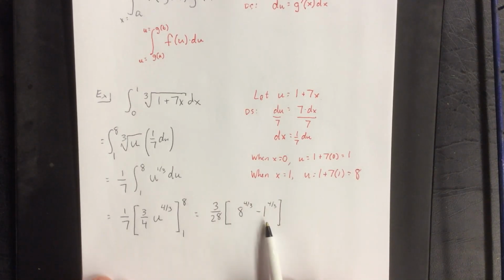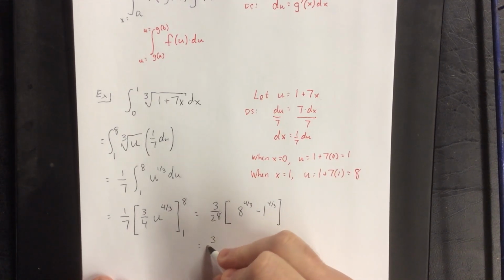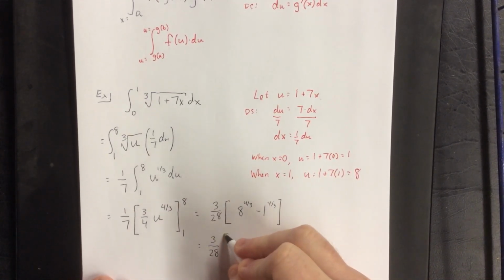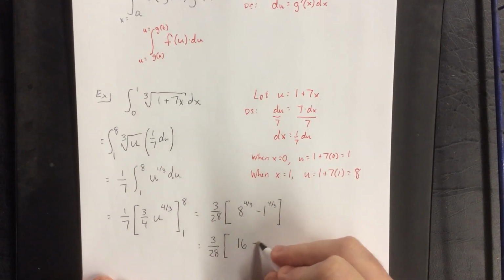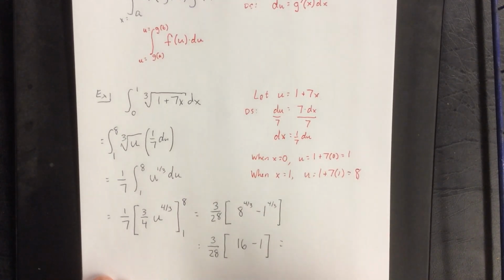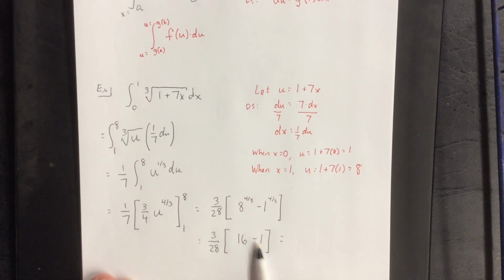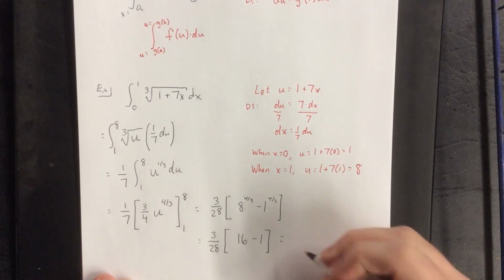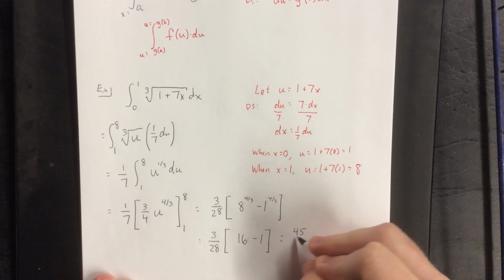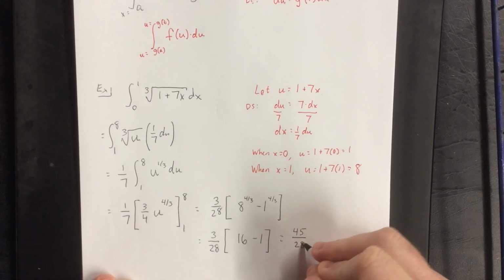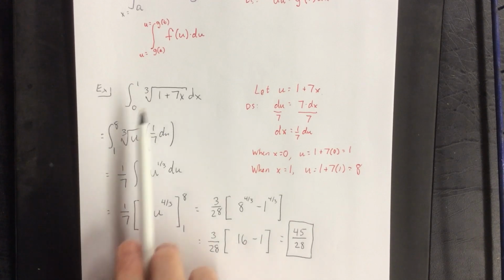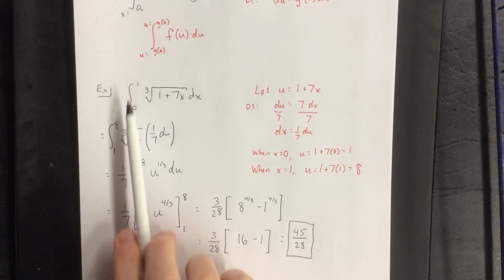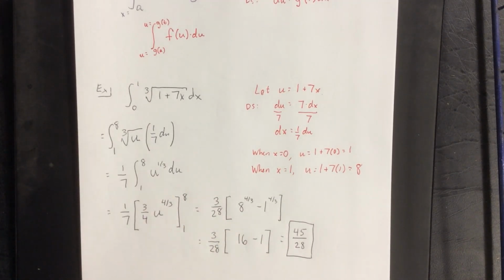The 4/3 power means take a cube root and then raise that quantity to the 4th power. Cube root of 8 is 2, 2 to the 4th power is 16, and 1 raised to basically any power is going to be 1. 16 minus 1 is 15, 15 times 3/28 will be 45/28. That represents the area that's contained underneath this curve between x equals 0 and x equals 1.